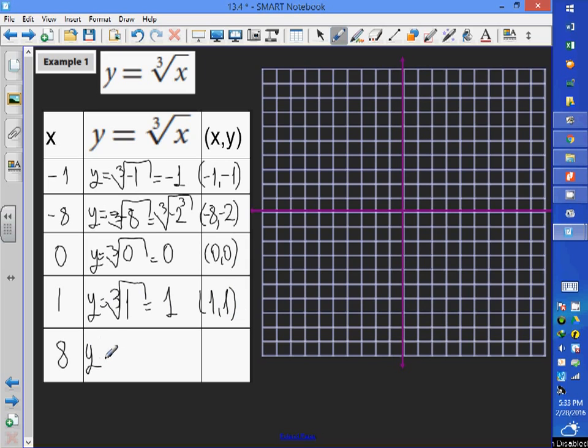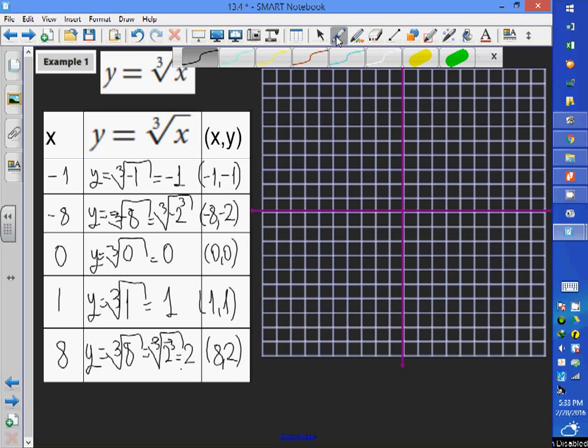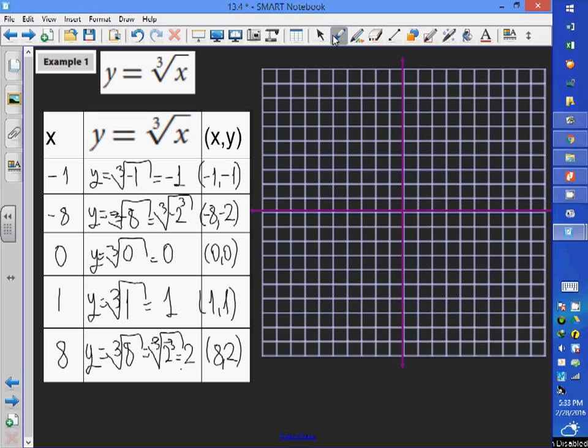The last one is y equals the cube root of 8, which is the cube root of 2 to the power of 3, because 8 can be written as 2 to the power of 3. The 3 and 3 cancel, which is equal to 2. So 8 gives 2. Let's plug the numbers into the graph.